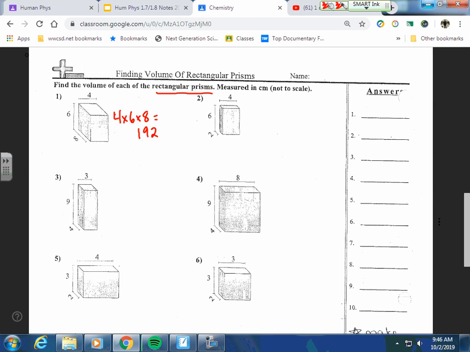Now it says these units are in centimeters, so really it's 4 centimeters times 6 centimeters times 8 centimeters, which gives us units that are centimeters cubed, cubic centimeters. So 192 centimeters cubed. All right, what is 4 centimeters times 6 centimeters times 2 centimeters? That's going to be 48, isn't it? So 48 centimeters cubed.